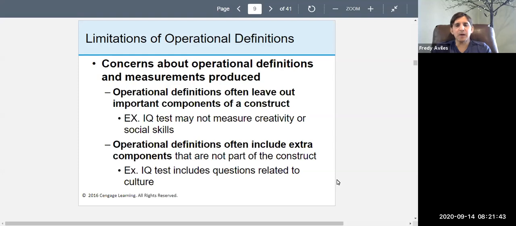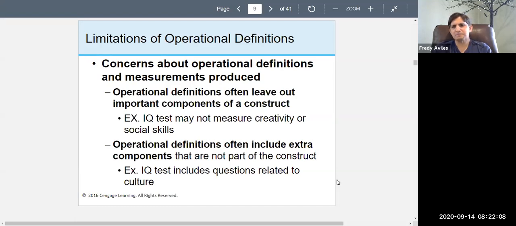It's just about impossible to come up with a test that does not reflect the culture of the person or the people that created it. It's just impossible, because what is knowledge that measures your intelligence is knowledge that the people who make the test think is important. And that always relates to culture. No matter what they do, it always relates to culture.